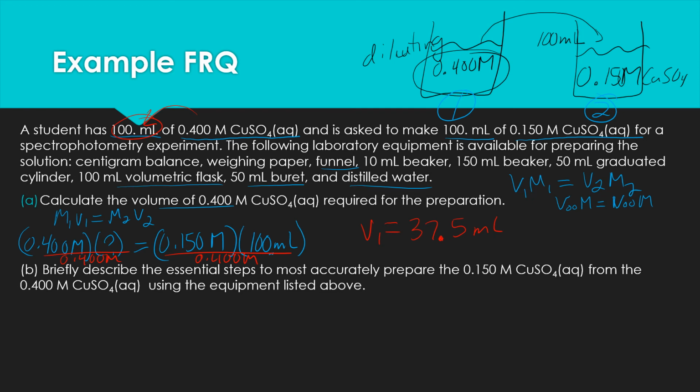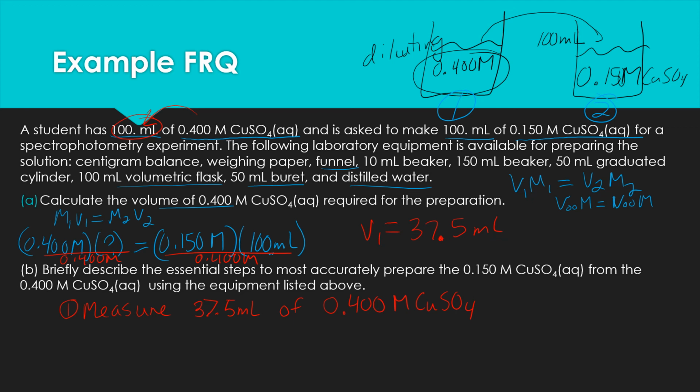And so let's briefly describe the essential steps to most accurately prepare the 0.15 molar copper sulfate solution from 0.4 molar copper sulfate using the equipment listed above. So thinking about what we talked about before, first thing is we want to measure 37.5 milliliters of, we want to specify the concentration, 0.4 molar copper sulfate, and we want to state how we're going to measure it.